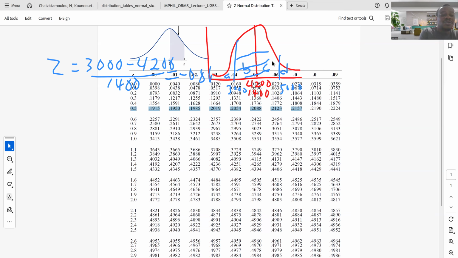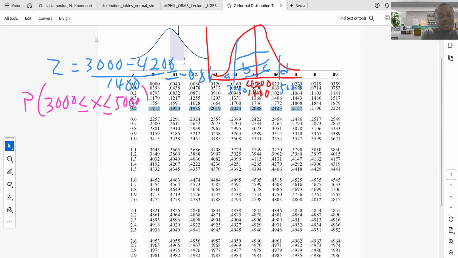Excellent. So this is how you write it. I'm going to show you how you normally write the probability, because how you write it is also very important. You're going to say the probability that 3,000, and it is inclusive, is less than or equal to X, less than or equal to 5,000.